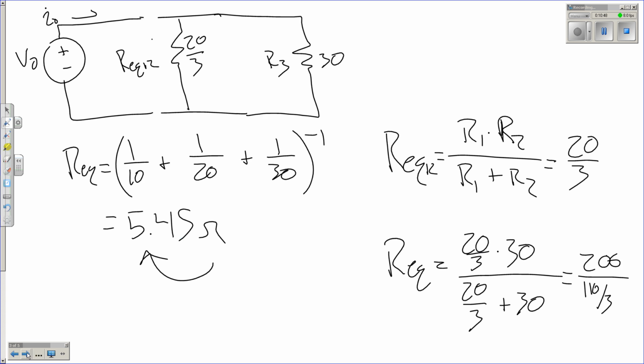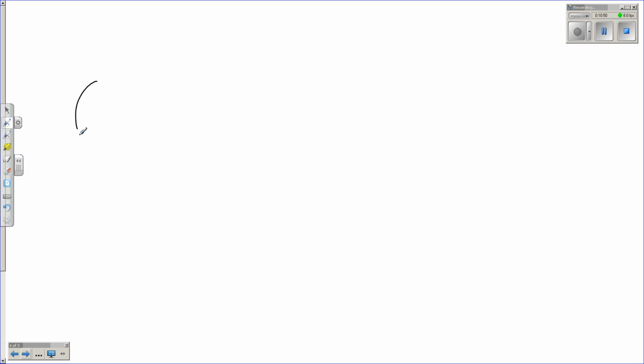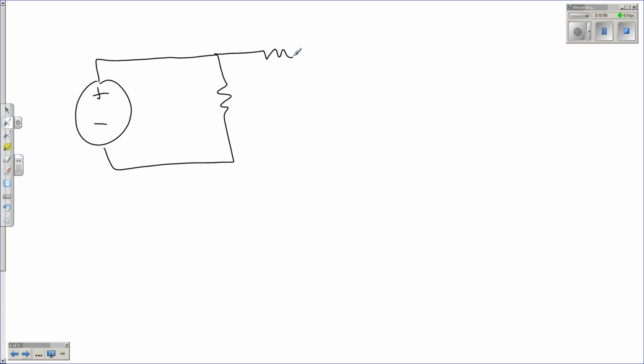So let's do one more quick example here. If we have a circuit that looks like this, let's just do this one real quick. So here we've got 10, let's say 5 here and 5 there.